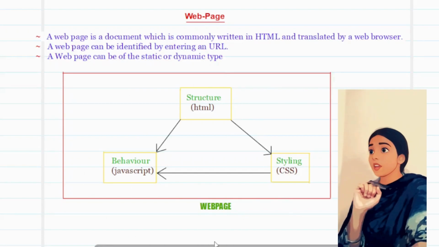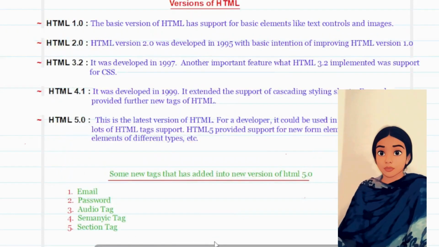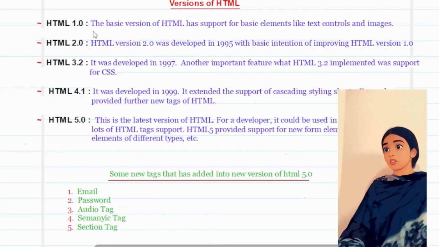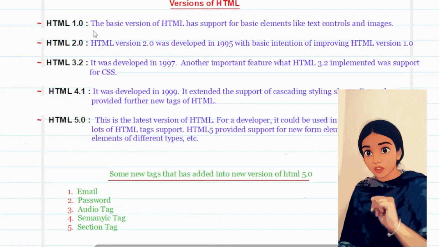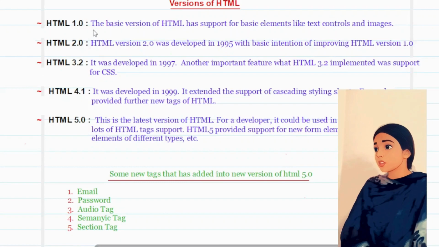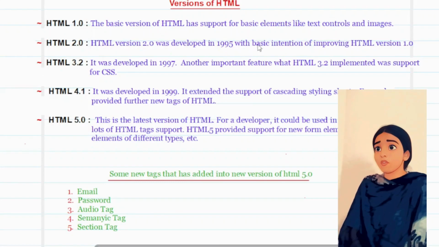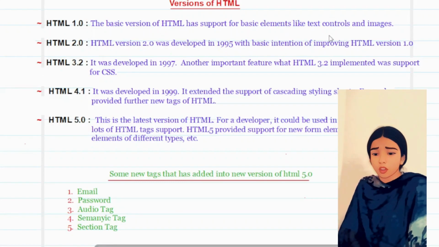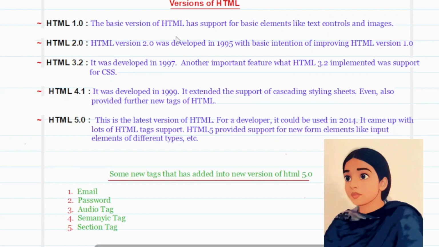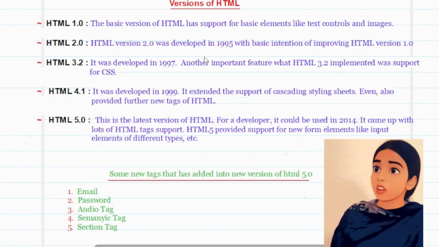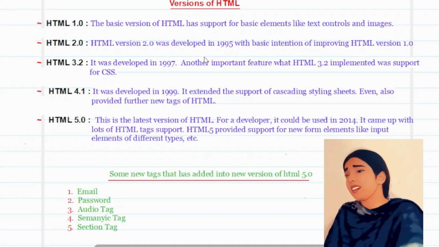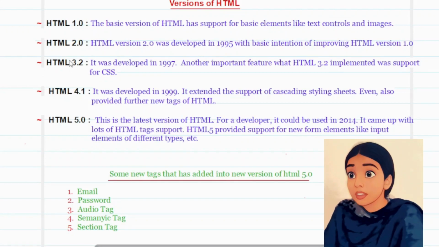Now, versions of HTML. Till 2024 there are only 5 versions of HTML. The first was the basic version of HTML, which only had text control and images. The second is a little improvement over HTML 1, developed in 1995, and it didn't come with a lot of improvements, just a few.